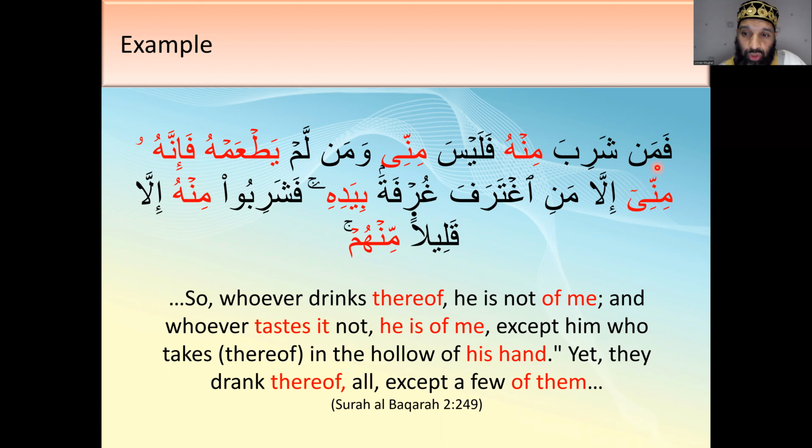Faman, whoever. We've done man, yeah? Who, or whoever. Shariba means to drink. We've not done that yet. Sharab, that's where we get sharab from, it's a drink, but shariba means to drink. So whoever drinks minhu.